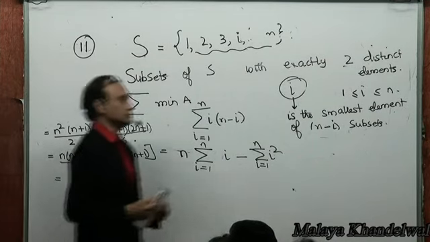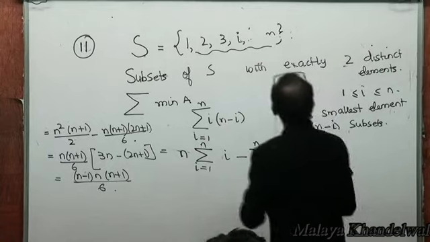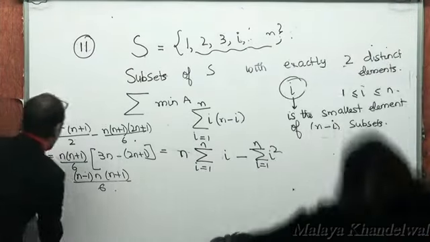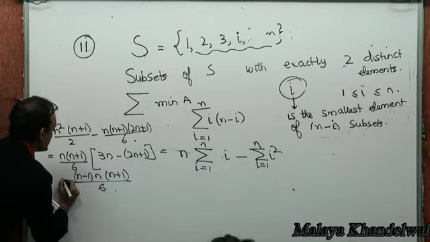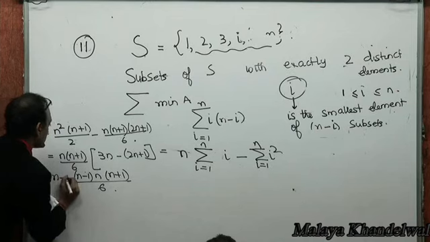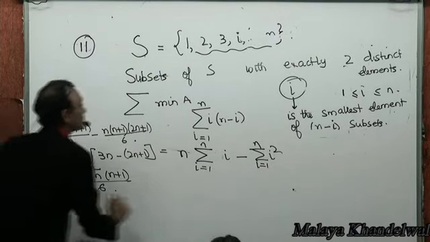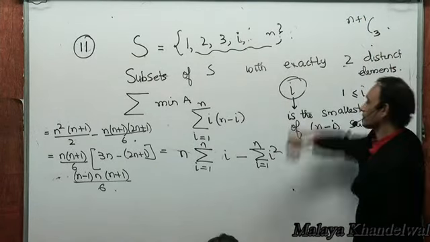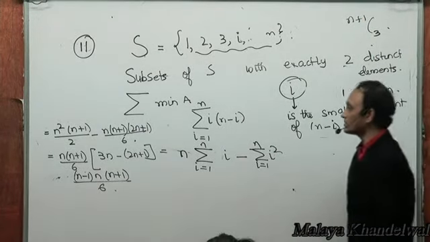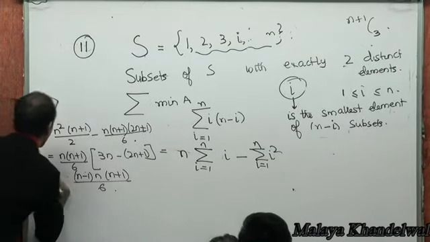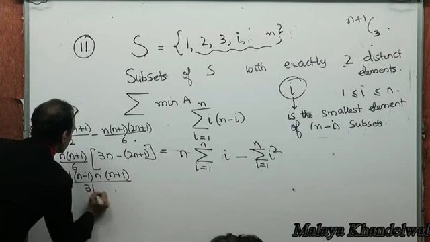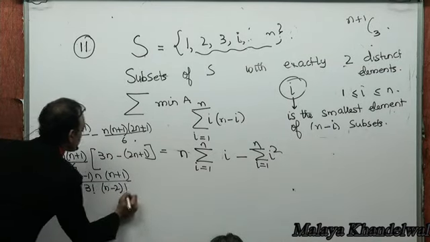Can it be reduced? This is n plus 1, if I multiply with n into n minus 1, so n minus 2 factorial, n plus 1 C 3. Is it n plus 1 C 3? Yeah, it is n plus 1 C 3. Because see, if I multiply with n minus 2 factorial, this will become 3 factorial, n minus 2 factorial.